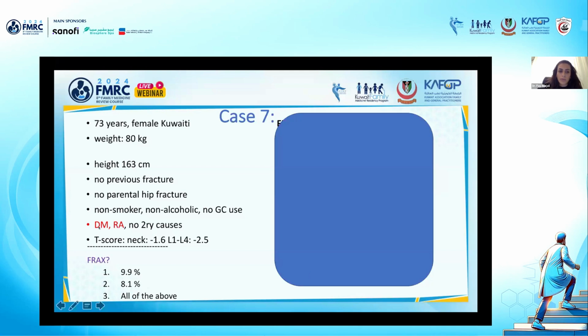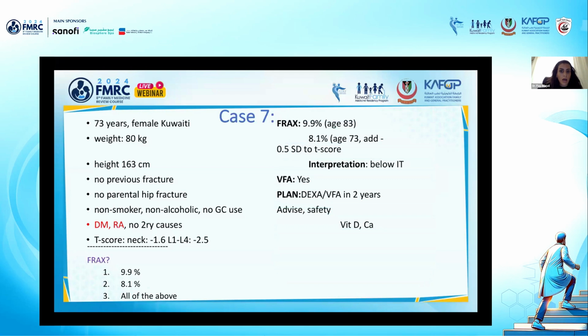As we discussed earlier, to correct for diabetes, you either tick yes for the question asking for rheumatoid arthritis, or you will add 10 years to the age, or you will decrease the T-score by negative 2.1. For the sake of this case and how I answered the FRAX in this case, I started first of all by adding the age.